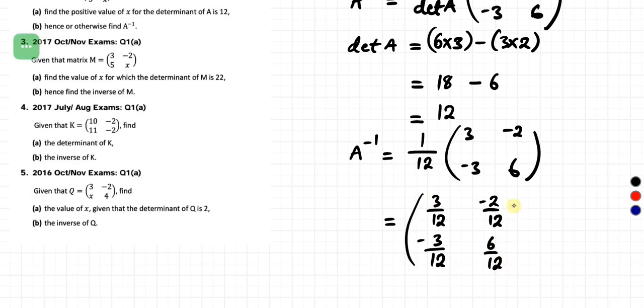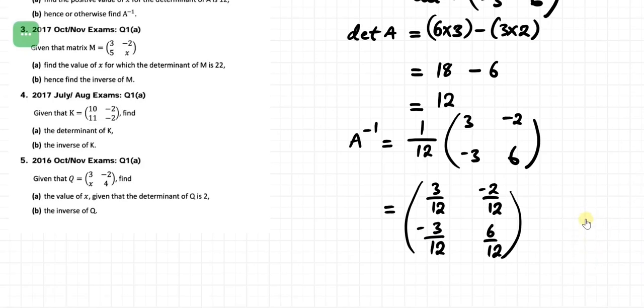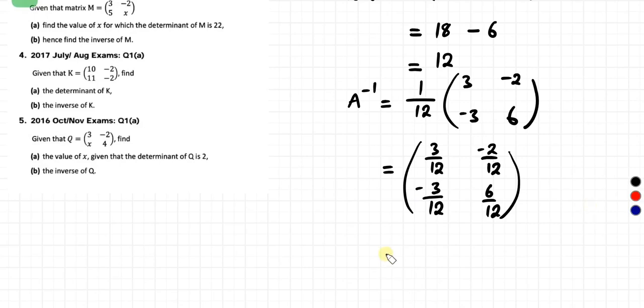Okay, like that. If you want, you can leave this one here, but since we can still simplify, 3 into 3 can go there 1, 3 into 12 can go there 4, so you simplify. Then here 2 into 2 can go there 1, 2 into 12 can go there 6, so I put a negative there.